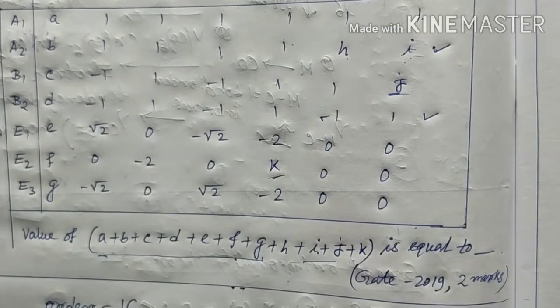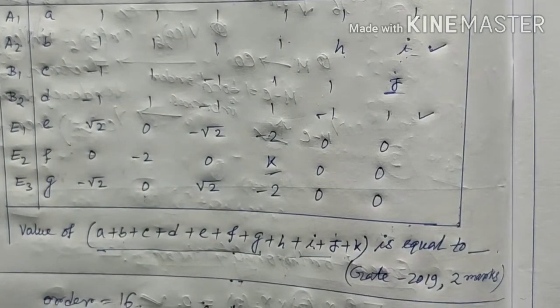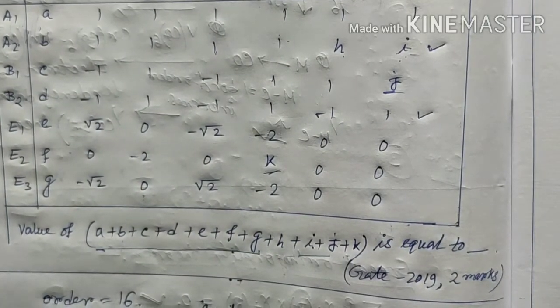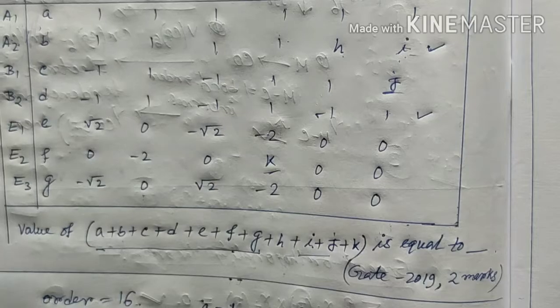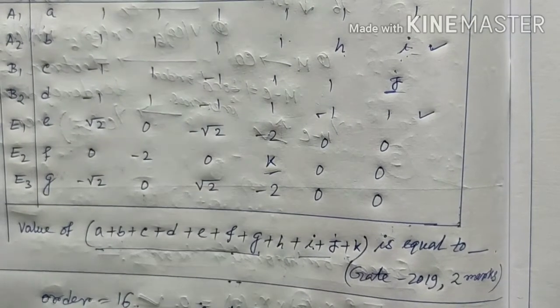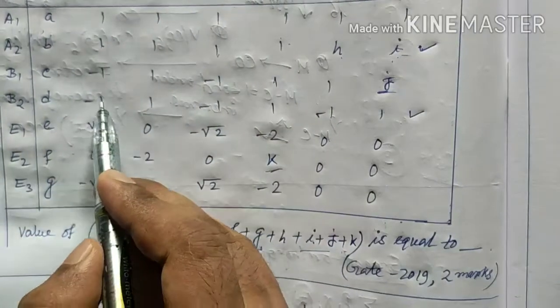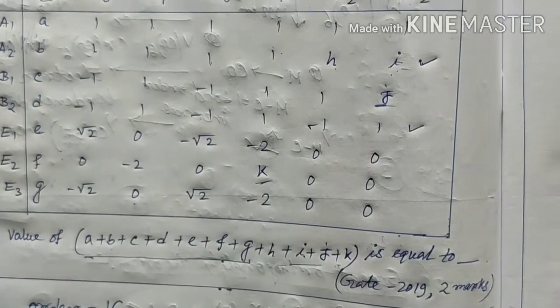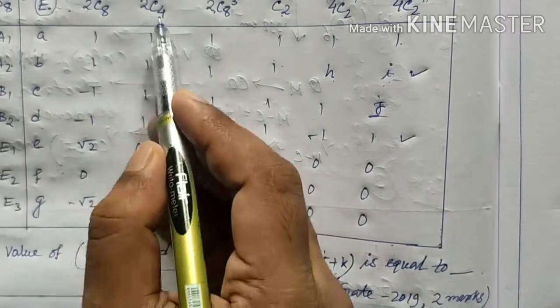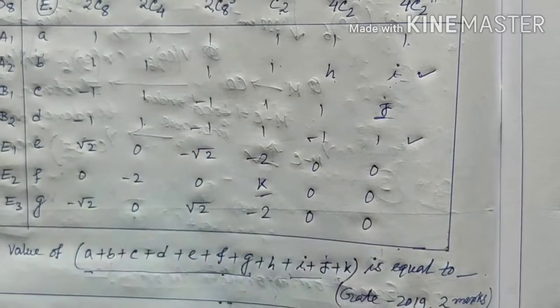I am writing this for this A2 and B2 case, that is, the b and d values are also 1, so it will be 1 into 1 plus 2 into 1 into minus 1 plus 2 into 1 into 1.